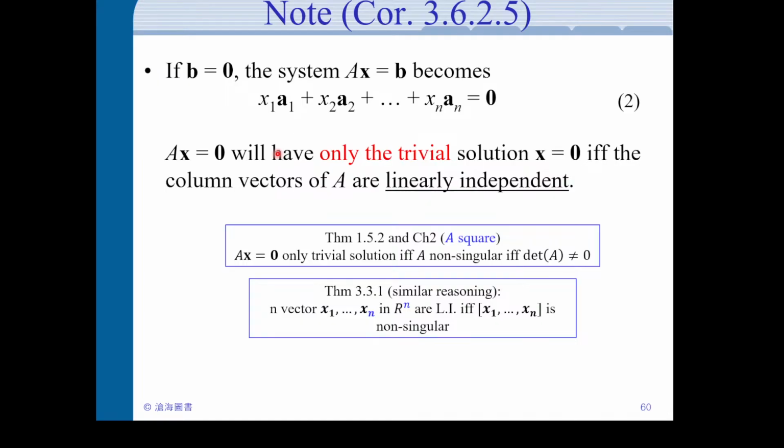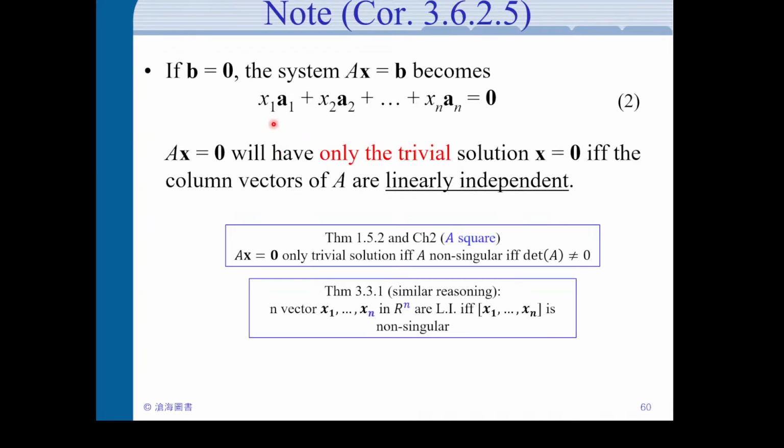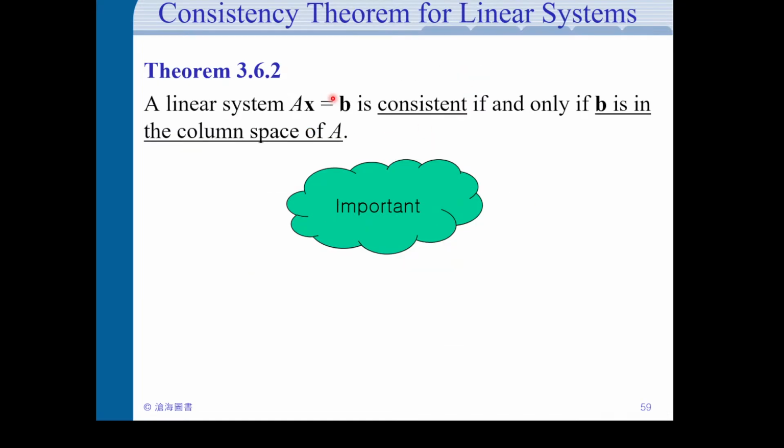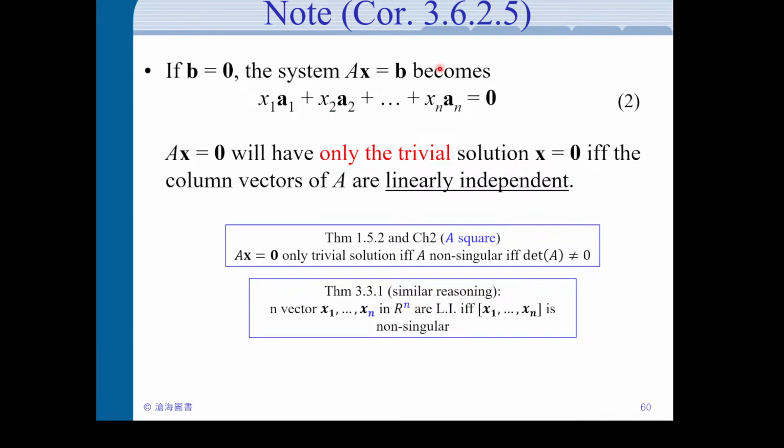So we have a special case. The special system we always like is the homogeneous system, where b equals 0. We think about this equation Ax equal to 0. Then we go back to the linear combination interpretation, and the equation becomes a linear combination of the columns of A equal to 0.